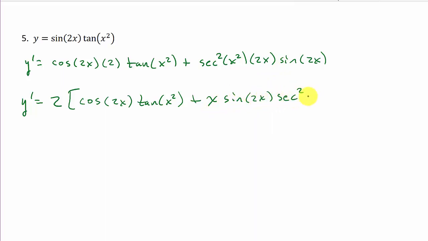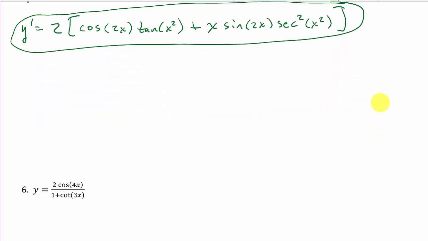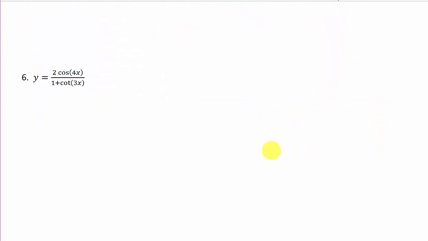You could write secant squared first, it doesn't matter. I'm not going to think too much about simplifying, so we'll just leave it like that. I don't think there's really much you can do anyway.